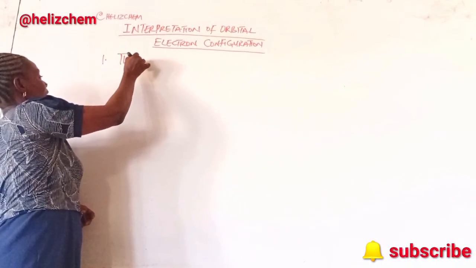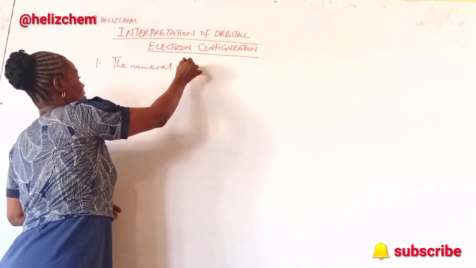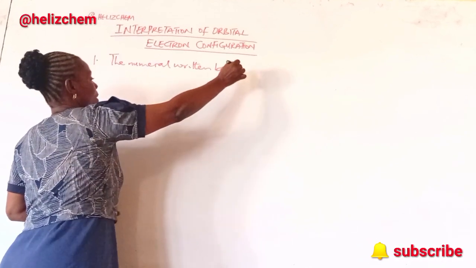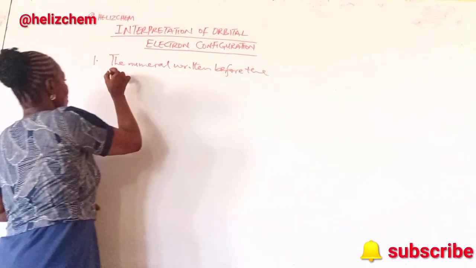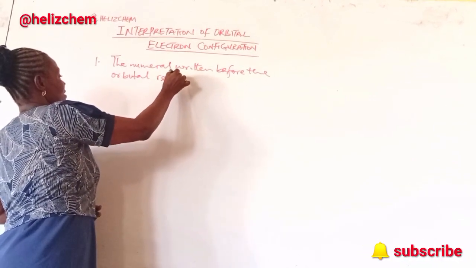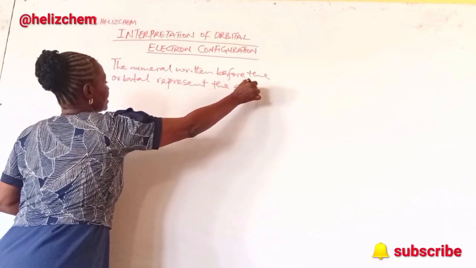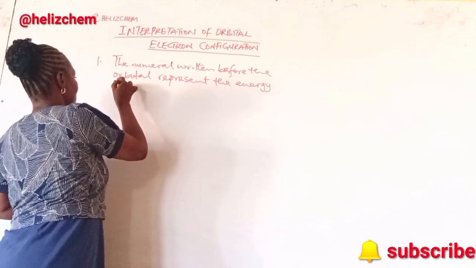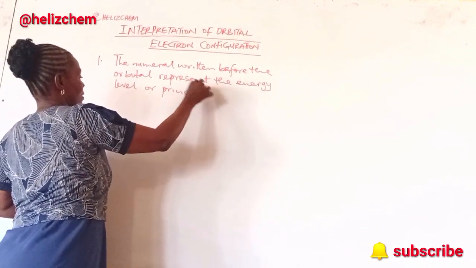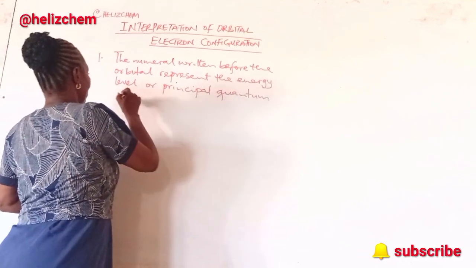The numeral written before the orbital represents the energy level or principal quantum number.